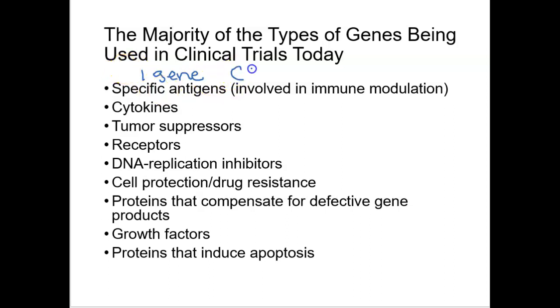So something like cystic fibrosis is a really nice target, because we know that it's a mutation in just the cystic fibrosis transporter protein, so the one that regulates the ions across the membrane, right? So this is a really nice target.